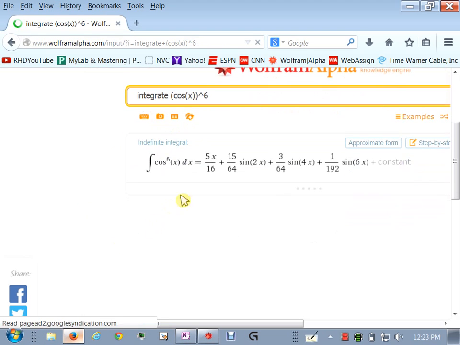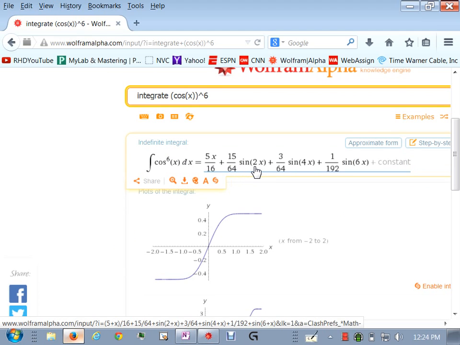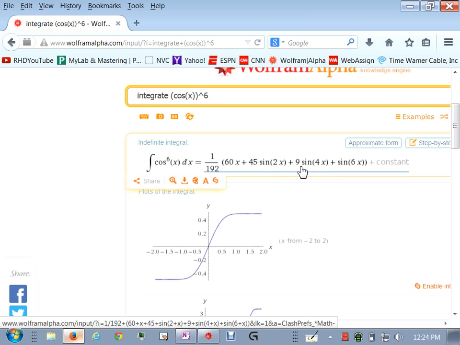Okay, let's see if it matches here. Did we have 5/16 x? Did we have 5/64 sine 2x? Did we have a sine 4x term? Did it have a 9 in front of it? No. Did we have a sine 6x term? No. They did something more than what we did.